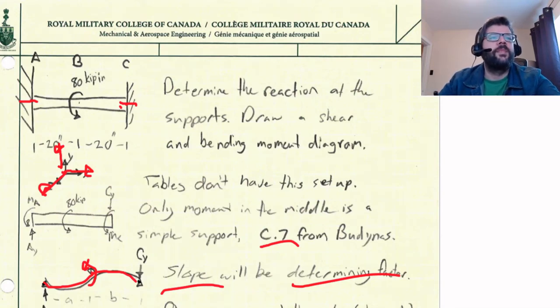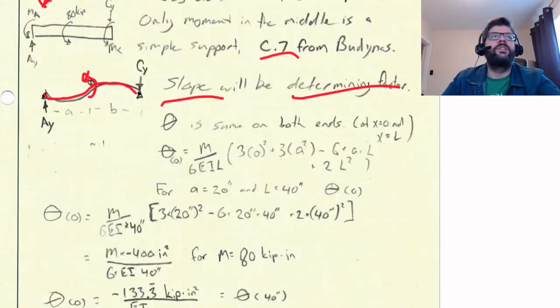But when we look at the C7 here, it defines the slope, the angle. It is going to be the same on both ends.